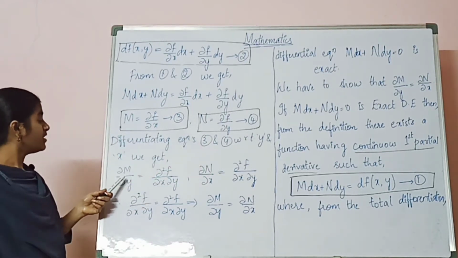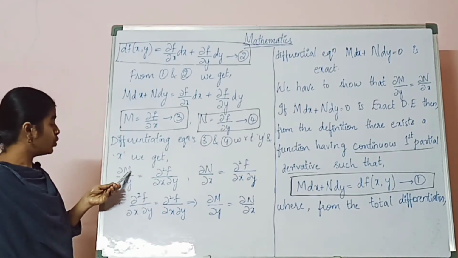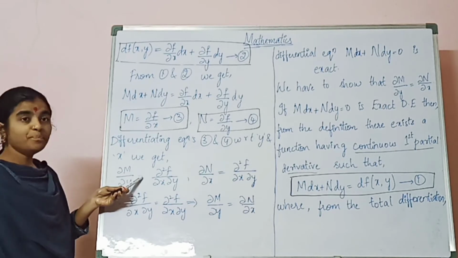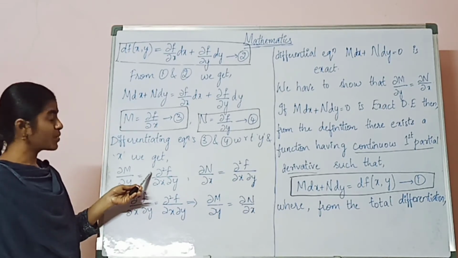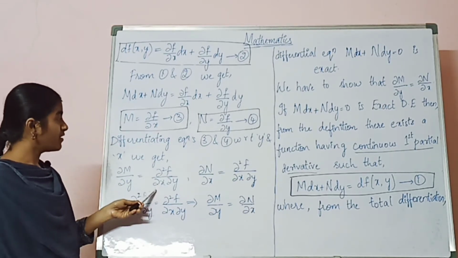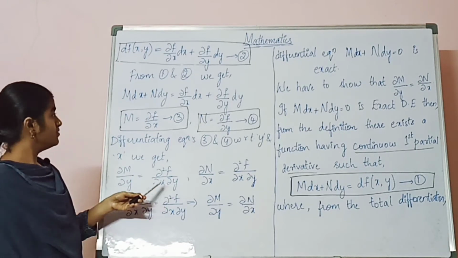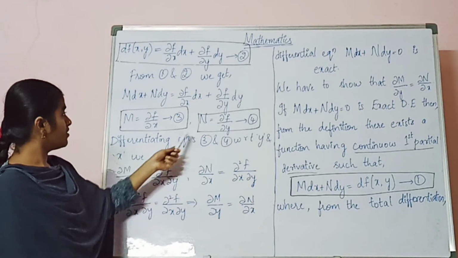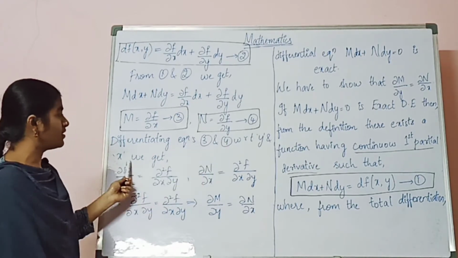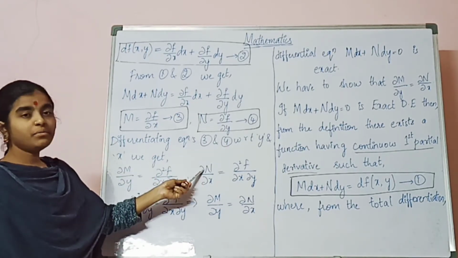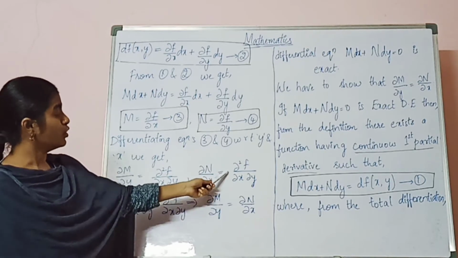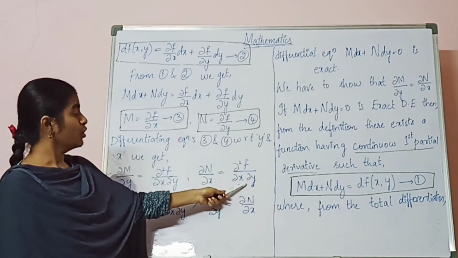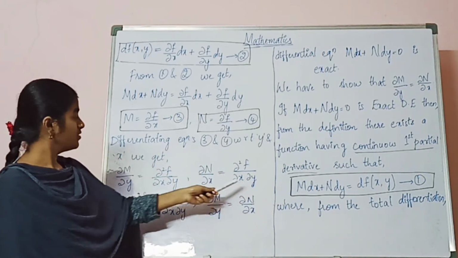Then what we get here: ∂M/∂y equals ∂²f/∂x∂y. Next, N we are differentiating with respect to x: ∂N/∂x equals ∂²f/∂x∂y.